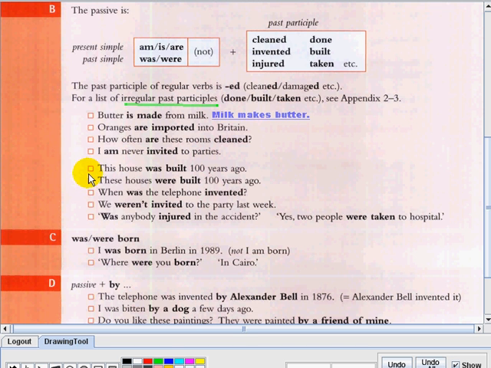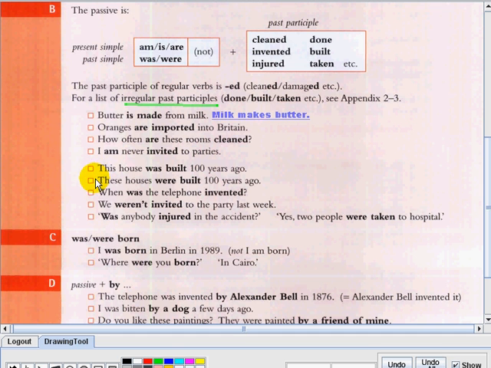If you notice, in these two sentences, we use the past simple was, right, instead of were, because we only have here house as our subject. It's only one, so we used was. And then the past participle of our verb, build, became built. That's why it became a passive sentence, right?